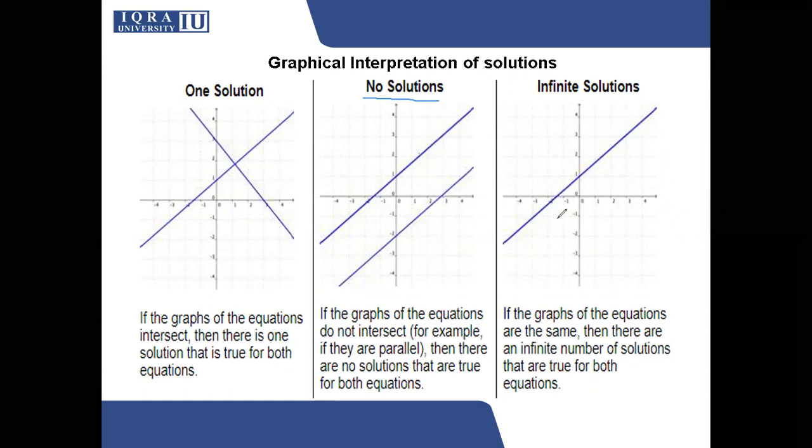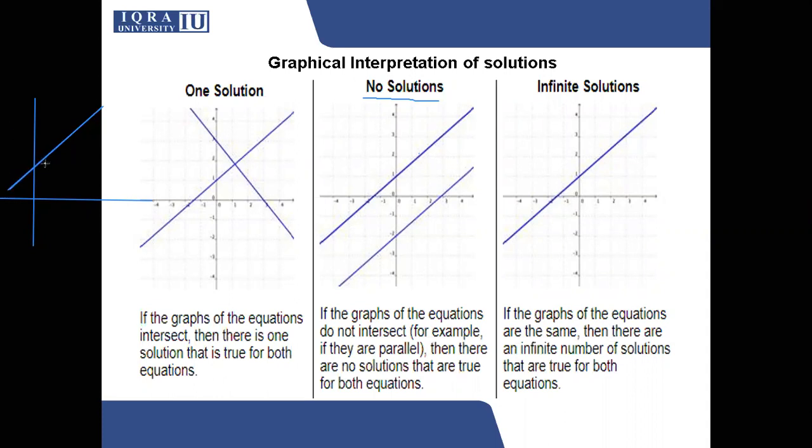Then we take a look at this case. If the graphs of the equations are the same, then there are an infinite number of solutions that are true for both equations. Suppose these are my axes, and I plot my first equation and it comes out something like this, right? And then I take a look at my second equation and it also comes out something like this. It's coincident lines, right?